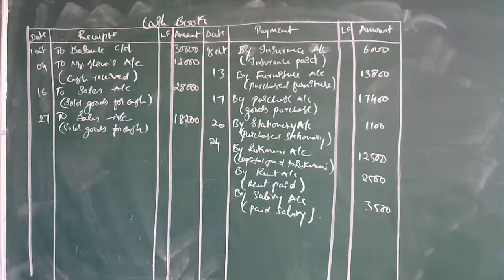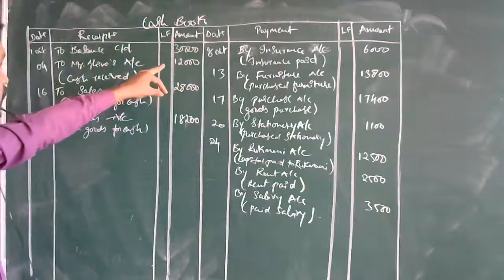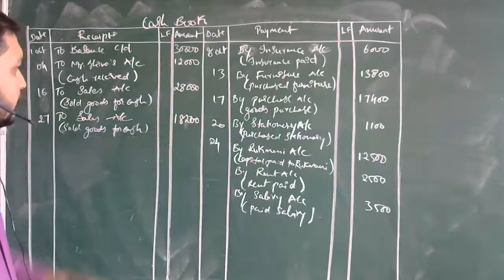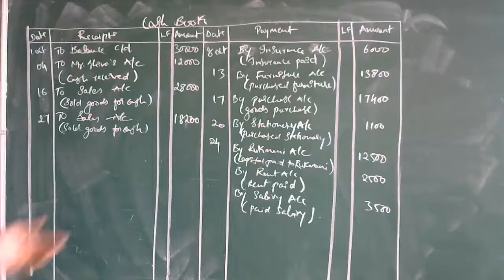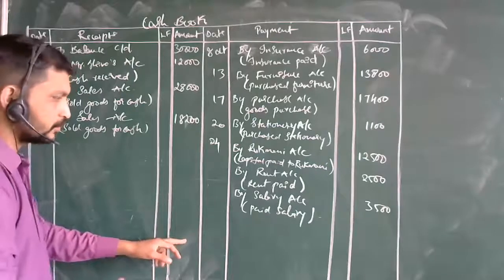Here small values are there, here big values are there, like 30, 12, 28, 18,200. Then obviously this side will be greater. Somewhere 88,200. This value is more.